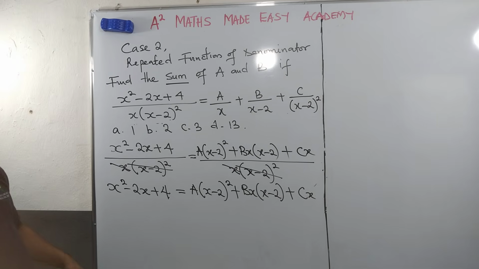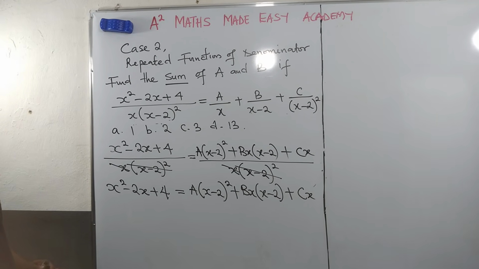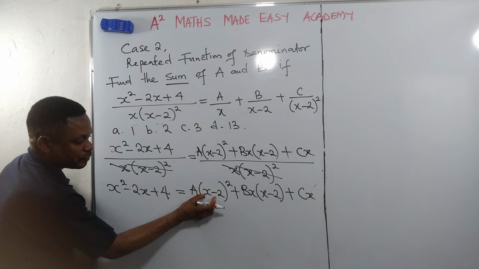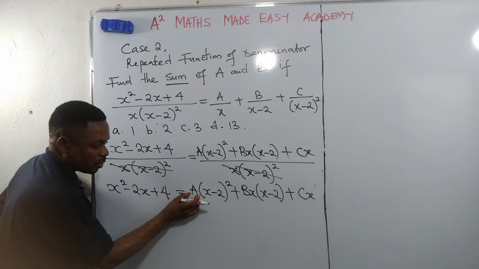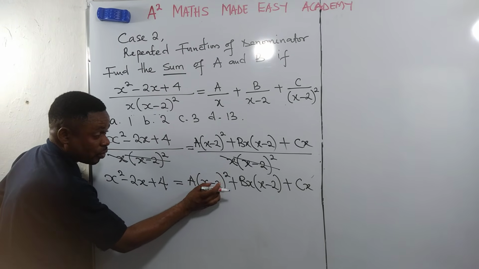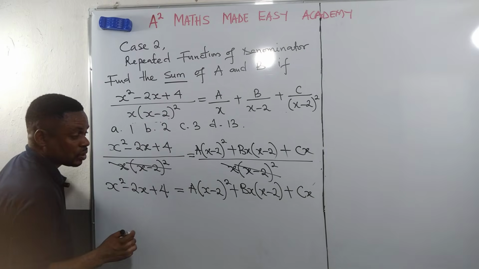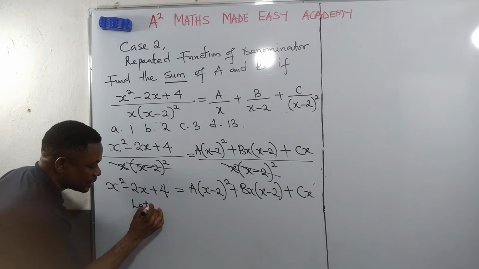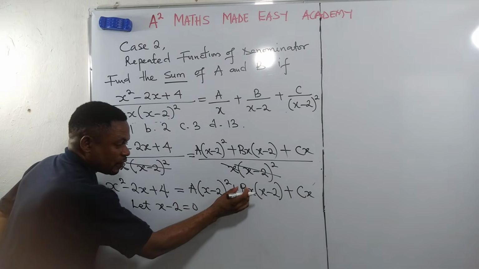Now I want to use what we call the elimination method first to solve this particular problem. Now let us observe this. The coefficient of A is (x minus 2) all squared. Here the coefficient of Bx is (x minus 2). Now what you should do is to let x minus 2 be equal to 0.